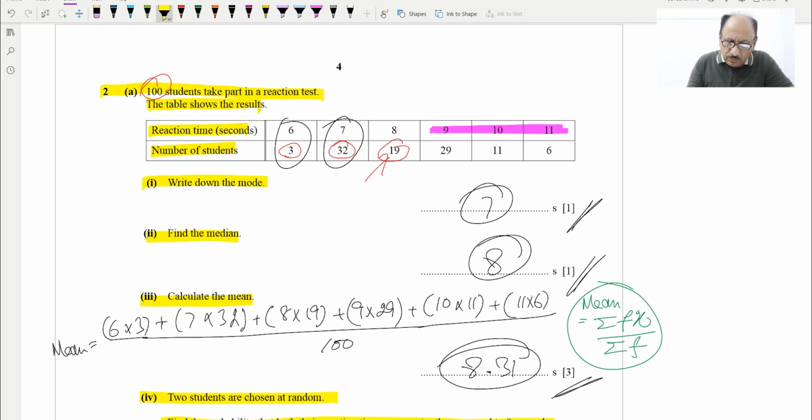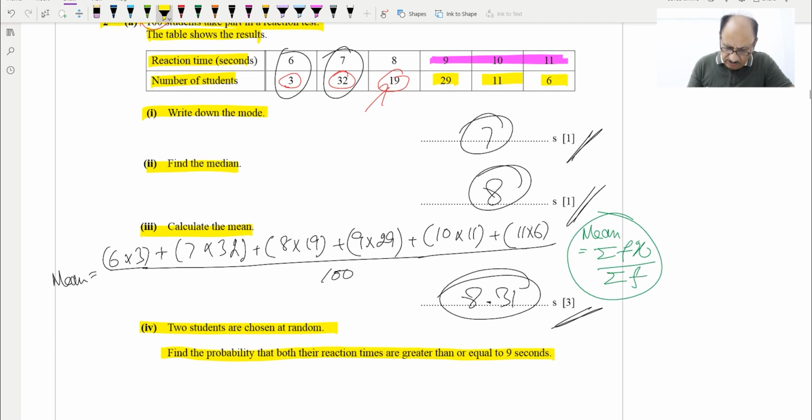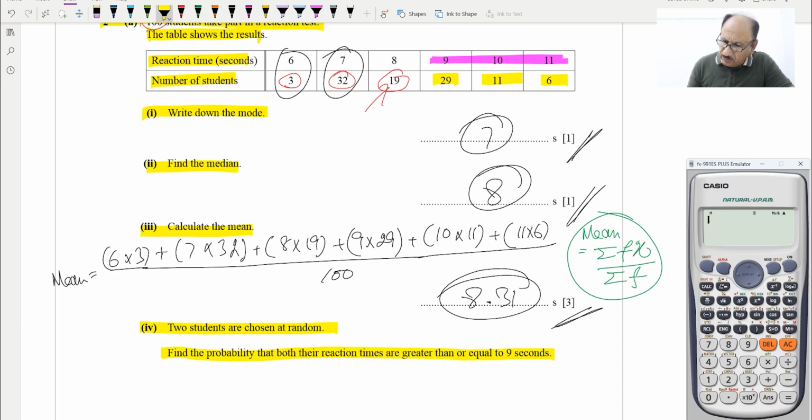We can count these: 29, 11 and 6. So we can add 29 plus 11 plus 6, which is equal to 46.